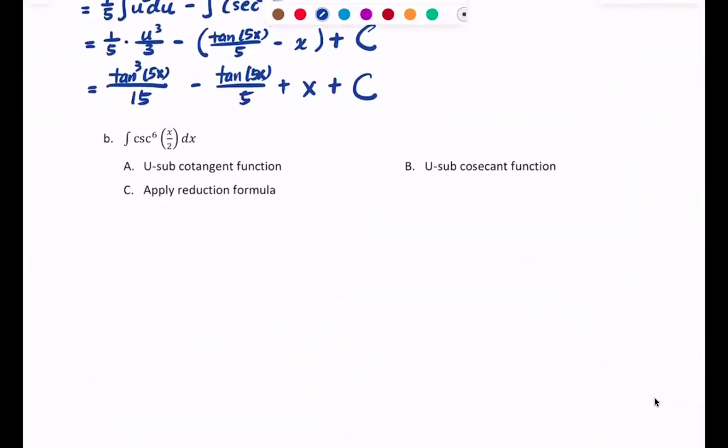We want to use cotangent. So we need two cosecant to go with the dx. So we have 4 left. 4 is squared squared, right?